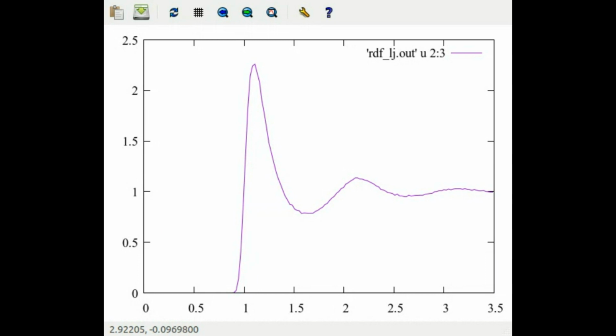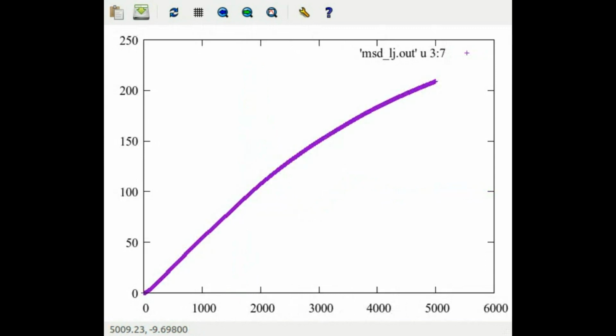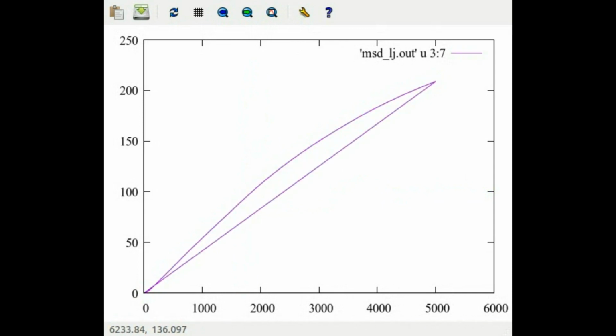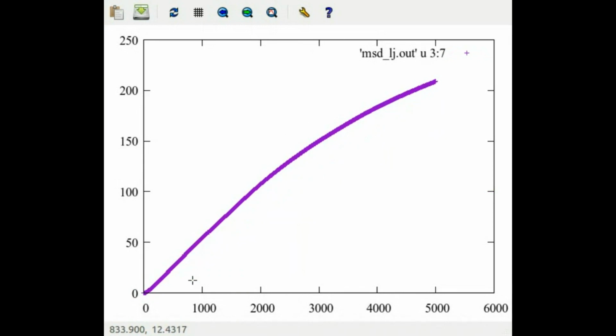The next thing that we're going to look at is the mean square displacement, sorry. Let's get rid of it. I'll explain why that bar showed up in a sec.